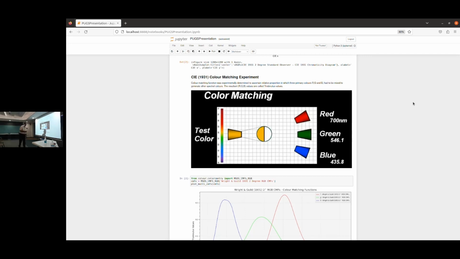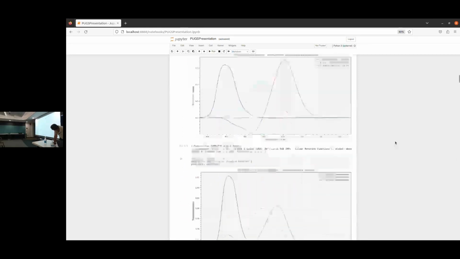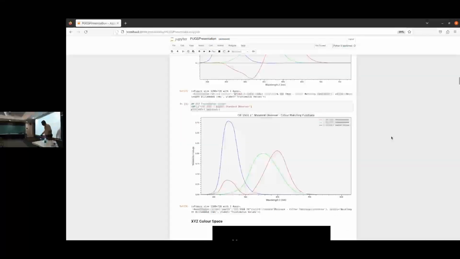So oftentimes we will say when we look at this diagram, or maybe I go further down, that in order to synthesize yellow color, so if you look at the wavelength about 570-ish over here, equal amounts of red and green would give you a yellow. And this is typically how we articulate it.